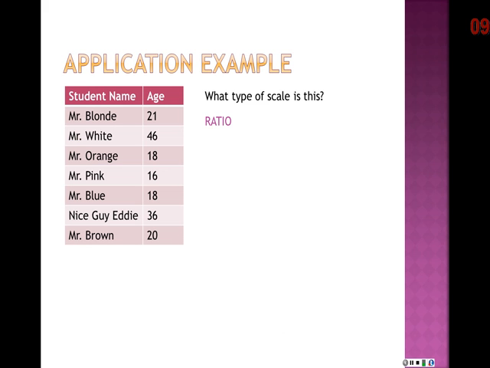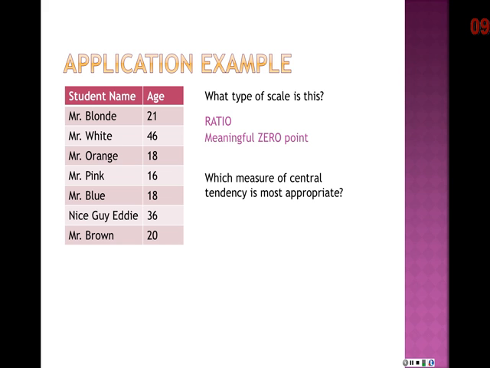This is a ratio scale, and it's because it has a meaningful 0 point. Now, which measure of central tendency is most appropriate when we're trying to find the center of these scores, or these values? If you guessed the mean, you are correct. The mean is the most appropriate in this situation, and it's because this is a ratio scale.